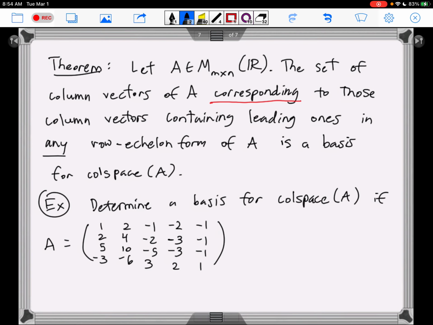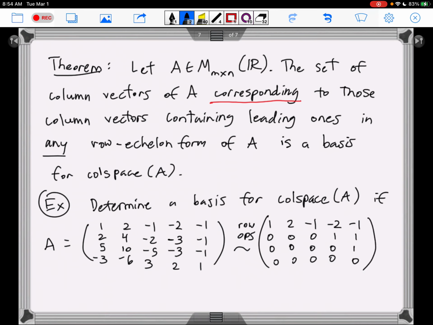So we're going to do elementary row operations here. And so if you do your row operations, just put it in row echelon form like normally, okay? So we have 1, 0, 0, 0, 2, 0, 0, 0, negative 1, 0, 0, 0, negative 2, 1, 0, 0, negative 1, 1, 1, 0.